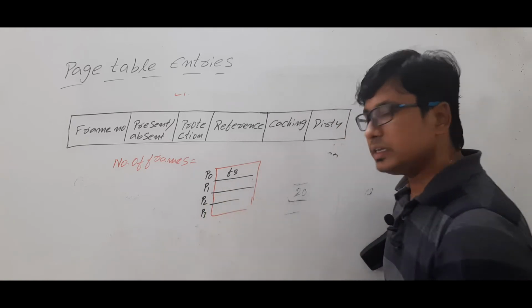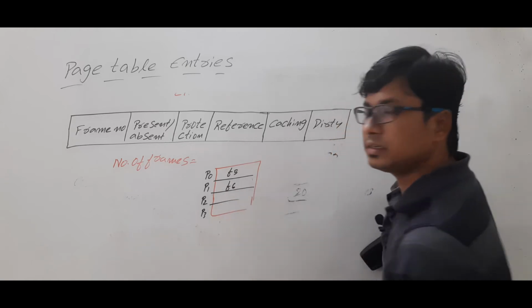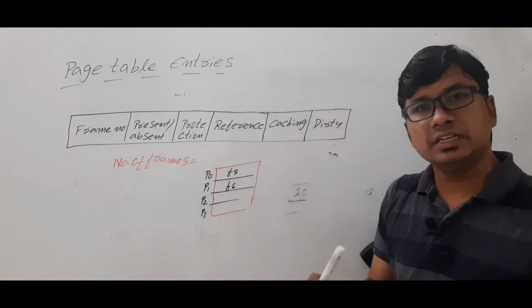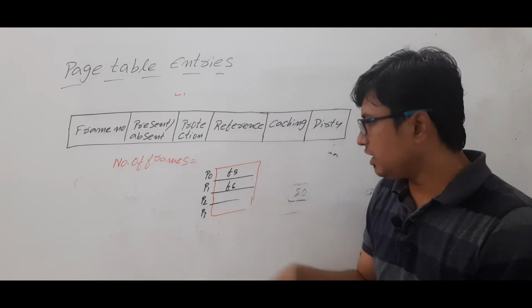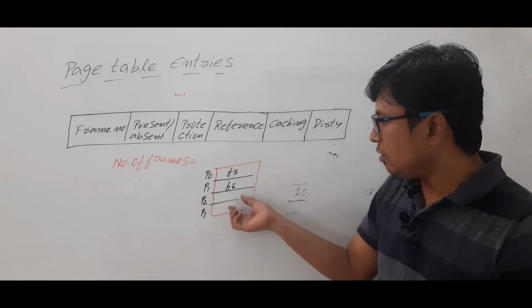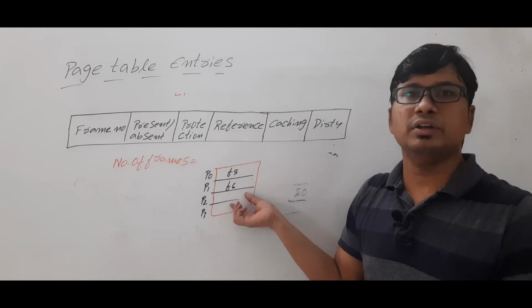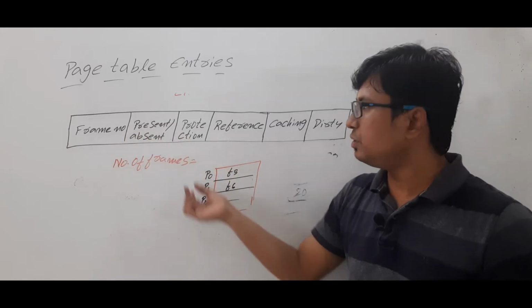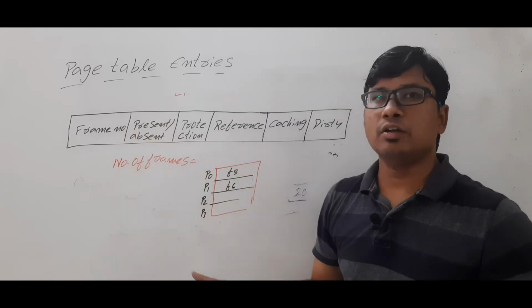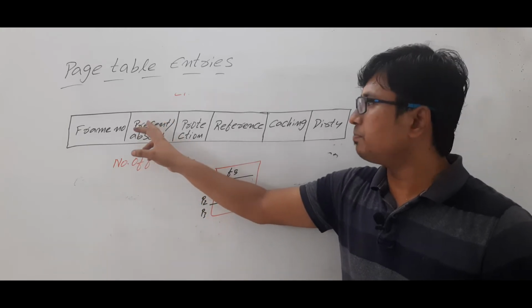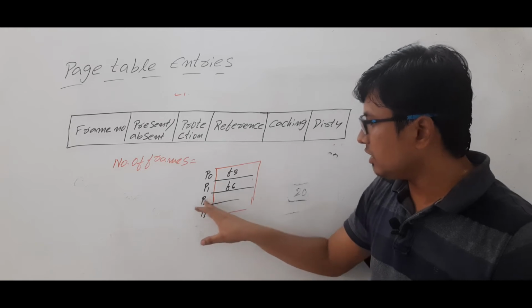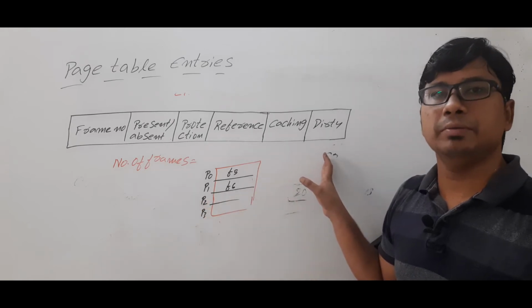Page number 1 is there in frame number 6. Page number 2 and page number 3 are not loaded in the main memory. If they are not loaded in the main memory, what information will we have? We will not have the frame number. So we will have the present or absent bit, or valid or invalid bit, to represent whether the particular page is loaded in the main memory or not.